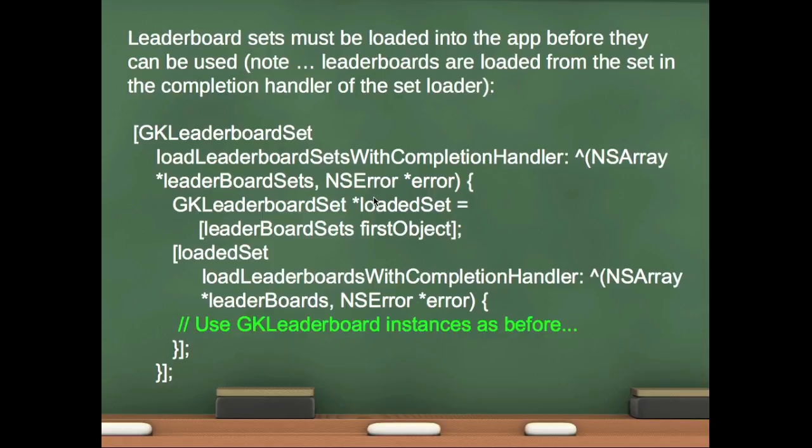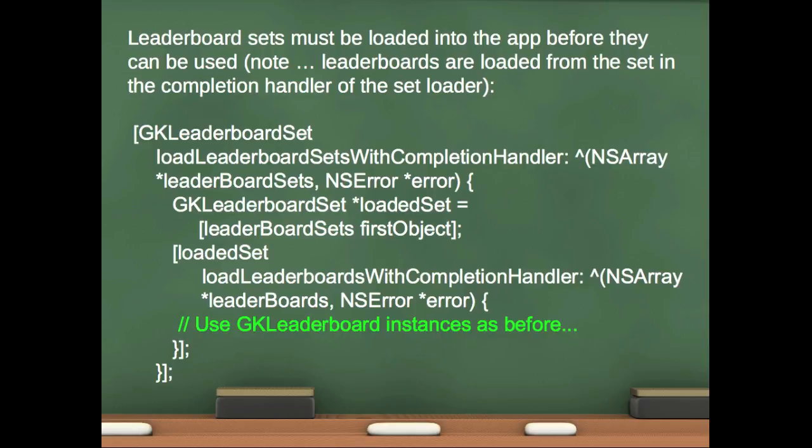Now, leaderboard sets have to be loaded into the app before they can be used, and there's an interesting way we do this. There is a method of GKLeaderboardSet now called loadLeaderboardSetsWithCompletionHandler. We pass this a block that takes an array and an error.